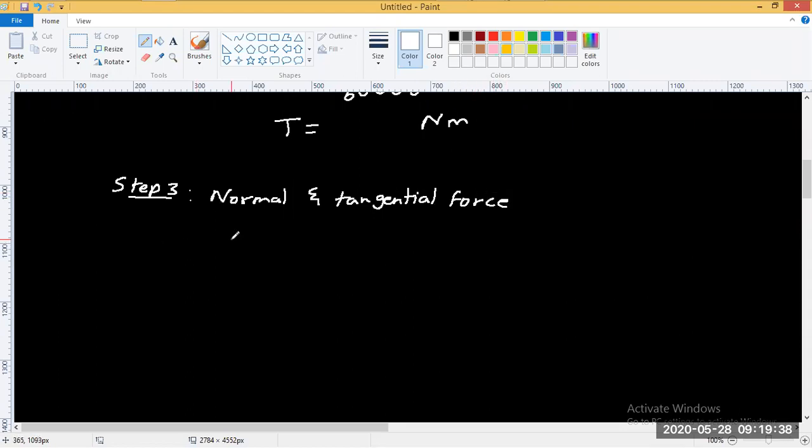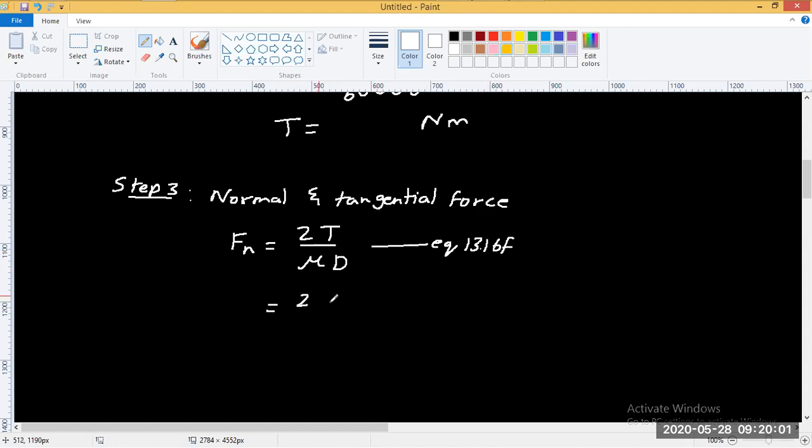Normal force Fn was given as 2 times torque over mu and d. This is there in equation 3.16 F. So we know all the data on the right hand side. Just substitute and extract the value.